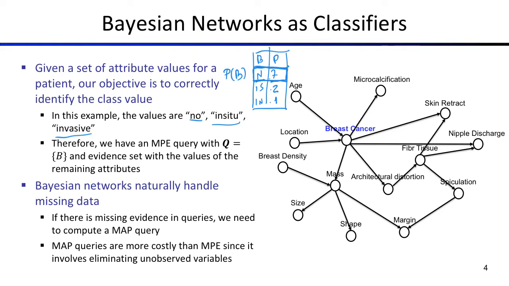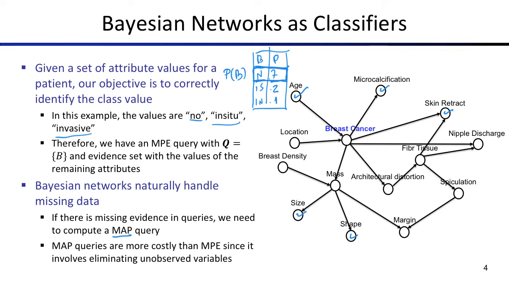It's interesting to note that if we have missing data in the test cases, so imagine that we have to classify one case that has missing data, that would be dealt with by the Bayesian network in a very natural way. We would observe some of the attributes. The other attributes that we did not observe, we don't have in the test case, we don't set as evidence, and we run a query that is very similar to MPE, called the MAP query.